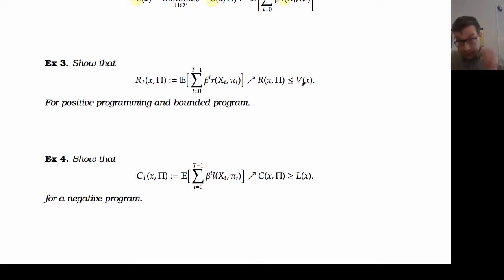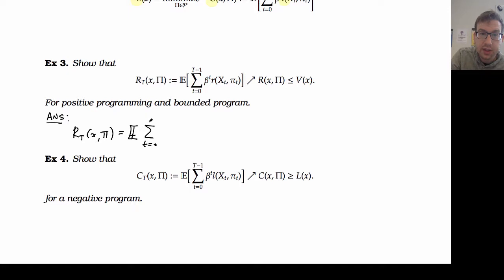So essentially the answer here is to note that R of t pi equals E sum of t equals 0 to capital T minus 1 of beta to the t R of x of t, pi of t.